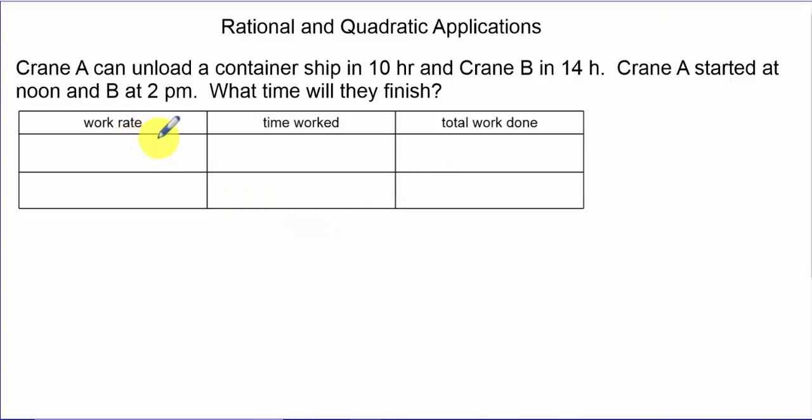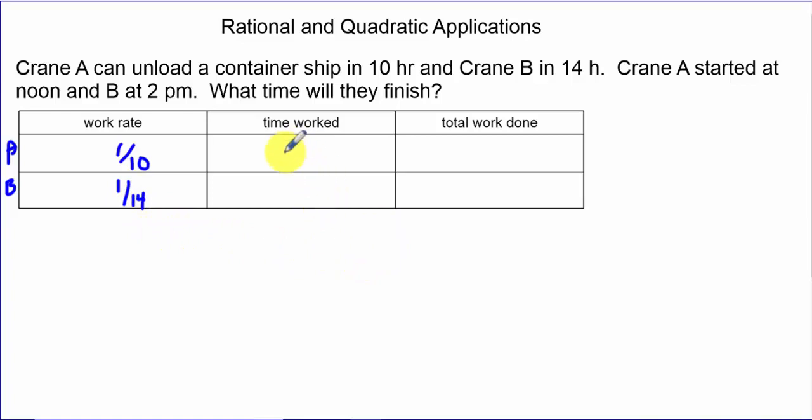So you'll notice we need to represent their work rate, how much of the work gets done in an hour. And you're going to assume they work at a linear rate or a constant rate. So if this is Crane A and this is Crane B, and Crane A does the whole job in 10 hours working at a continuous rate, then he will do 1/10 of the job every hour. Likewise, this guy will do 1/14 of the job every hour.